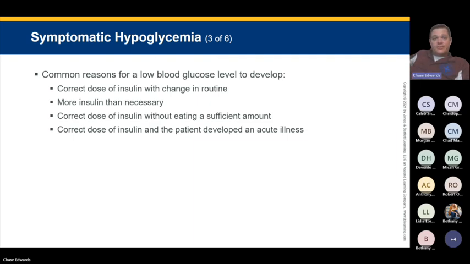Also, more insulin than necessary, so an incorrect dose. Or the correct dose of insulin without the patient eating a sufficient amount. So let's say they take the dose and then they don't eat what they're supposed to eat in their routine, then that can cause it. And also the correct dose of insulin, and the patient developed an acute illness right after that.